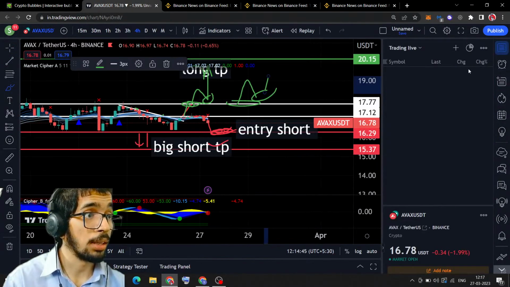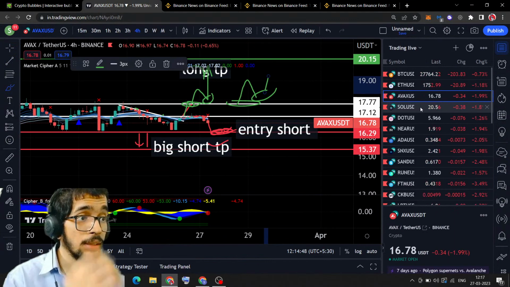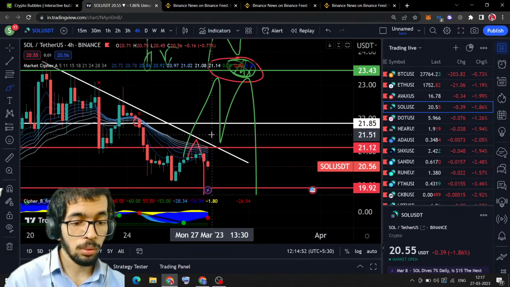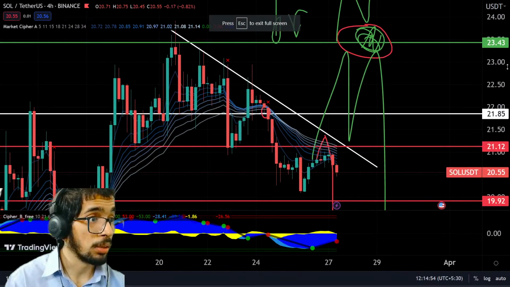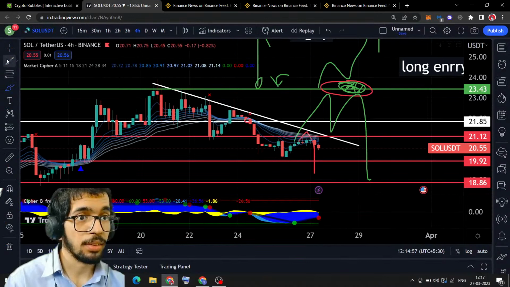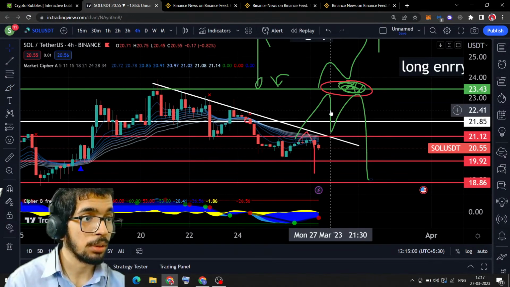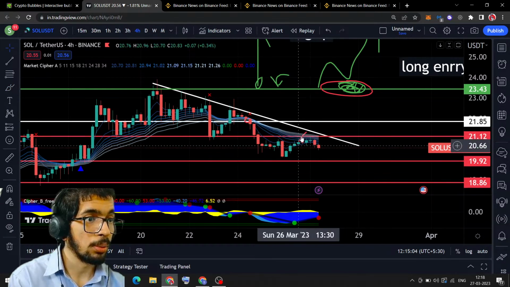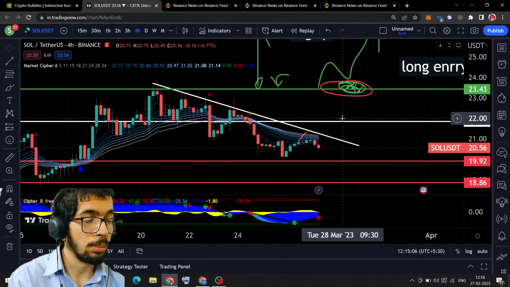Okay, so now let's check on the SOL chart too. Your SOL is not breaking. Your SOL is there only, as always. Let's see if it breaks. Mostly it will do this.